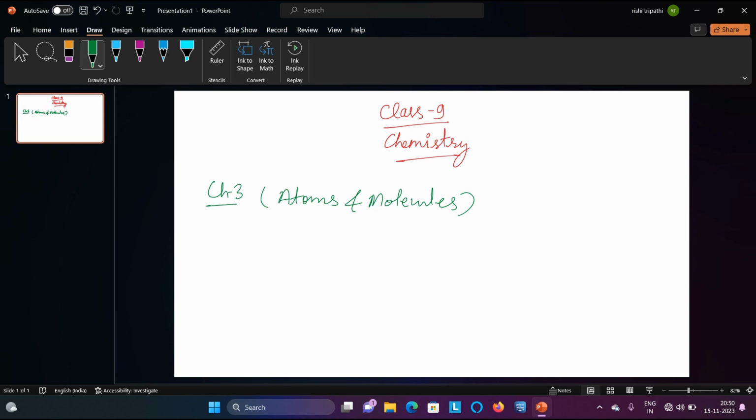And the atoms of different elements have different masses and chemical properties was the fourth postulate. So the third and the fourth postulates are saying that atoms of the same element are identical in mass and chemical properties, and atoms of different elements have different masses and chemical properties.